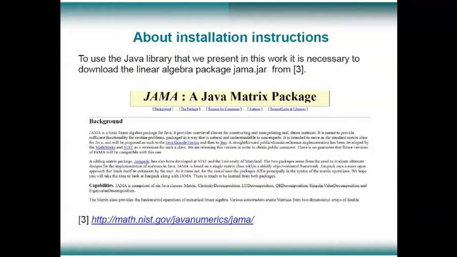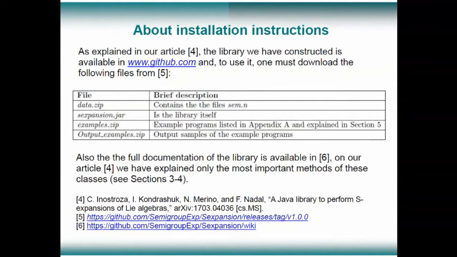Also, to use some libraries, we packaged a Java linear algebra calculator, a very nice package. So we have a data folder, which contains the files that have the multiplication tables of the semigroups, and the actual library.